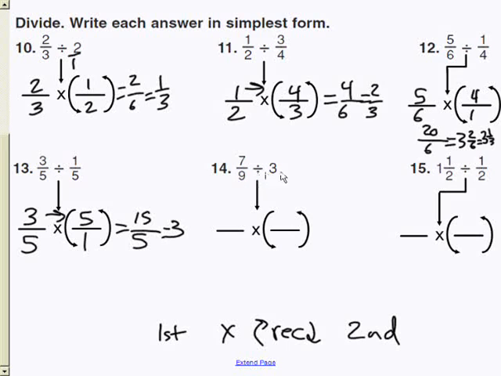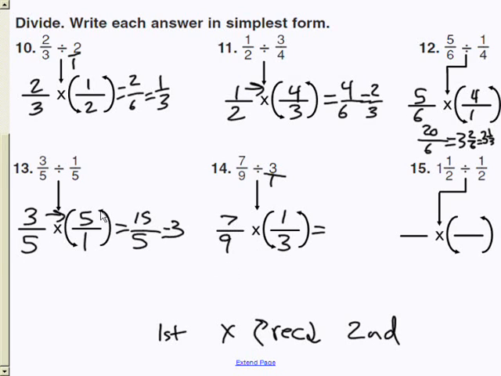First fraction times the reciprocal of the second. First thing we need to do, just like with multiplying, is we need to change this to a fraction. So I'm going to change that to 3 over 1. So first fraction is 7/9 times the reciprocal of 3 over 1 is 1 over 3. Now we're ready to multiply. I can't cross simplify.